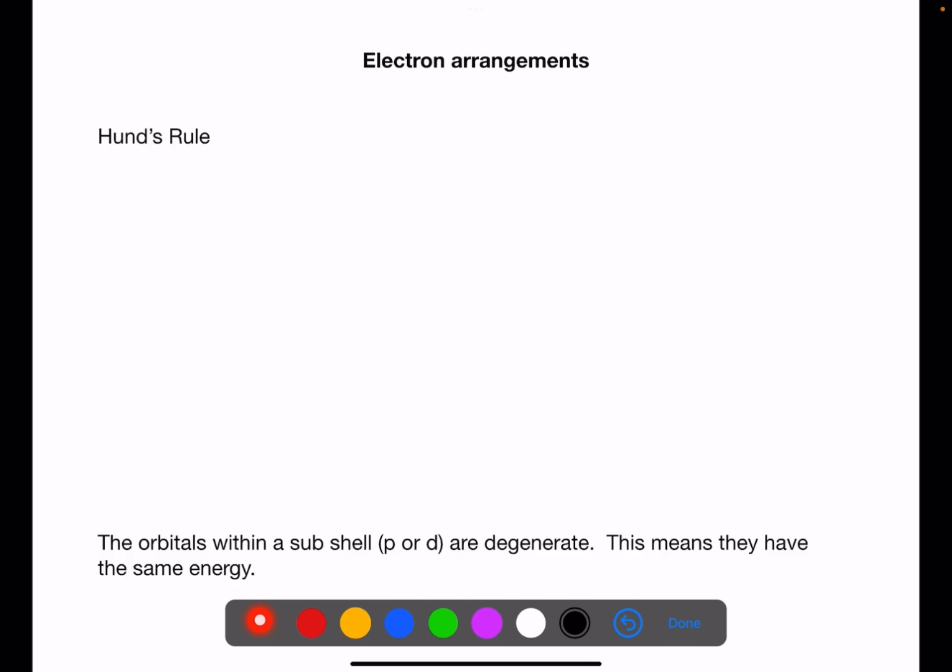Then we have Hund's rule. So electrons are going to fill degenerate orbitals. Degenerate means that they have the same energy, and they'll do this before they pair up. So they'll fill each of the 3p's singly before they pair.